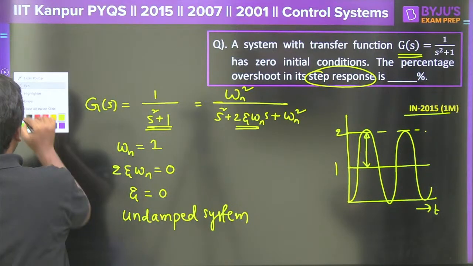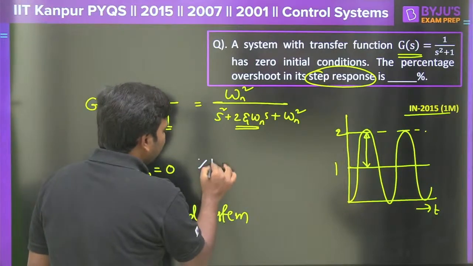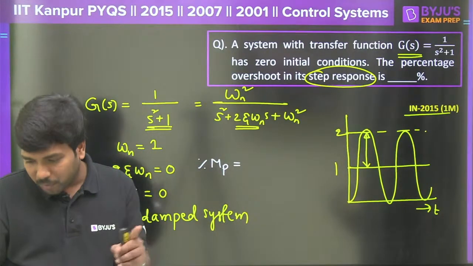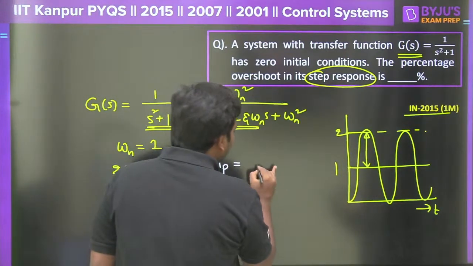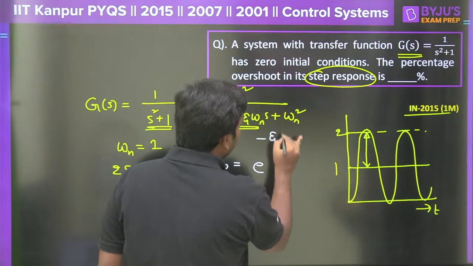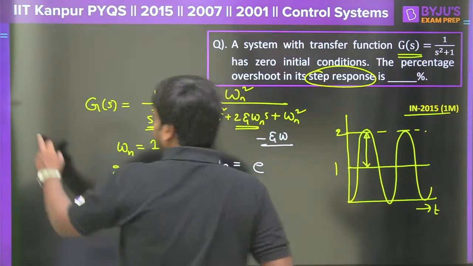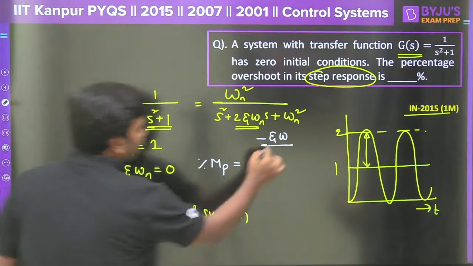If you don't understand this, fine, no problem. You can even follow the formula directly, because the percentage of peak overshoot formula, probably everyone preparing for the GATE examination might be knowing, right? So what is the formula here? e power minus zeta pi by under root of 1 minus zeta square. Yes, so there are two ways.